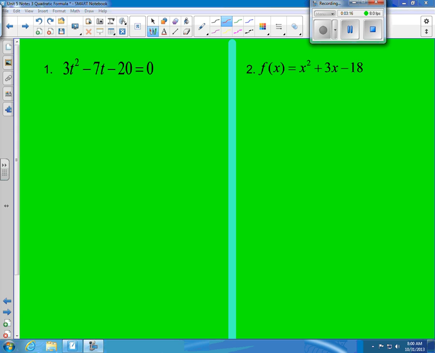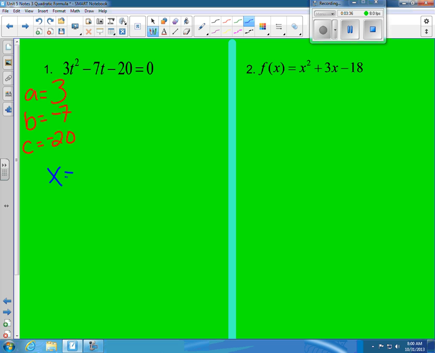So let's get into our first problem. Step 1 says to identify what a, b, and c are equal to. We see here, a is our 3, b is going to be that negative 7, don't forget to include the negative, and c is negative 20. So let's go ahead and put that into our quadratic formula and simplify.